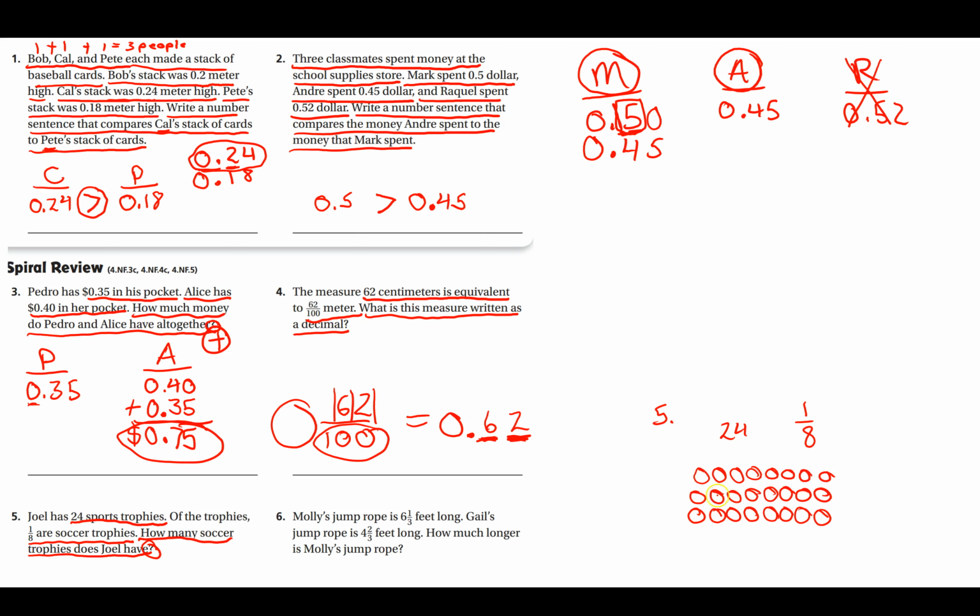Each circle represents the 24 total trophies, but we're looking at the 8 columns. 1, 2, 3, 4, 5, 6, 7, 8 columns, and one of those 8 columns, so we'll take this one, represents how many soccer trophies. So in one of those columns, there's 1, 2, 3 trophies. So how many soccer trophies does Joel have? He has 3 soccer trophies.